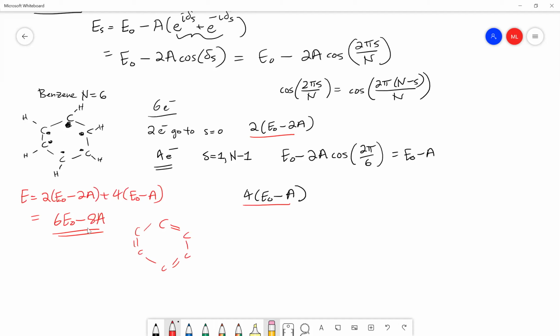If we were just to count the double bonds and assume that each one contributes the same energy as the little ethylene we considered, we would have 3 of them, and each one would contribute an energy of 2 E0 minus a. So that would give us 6 E0 minus 6a. And that's not right. The real ground state is a little bit lower than that because of the stability from being able to delocalize.